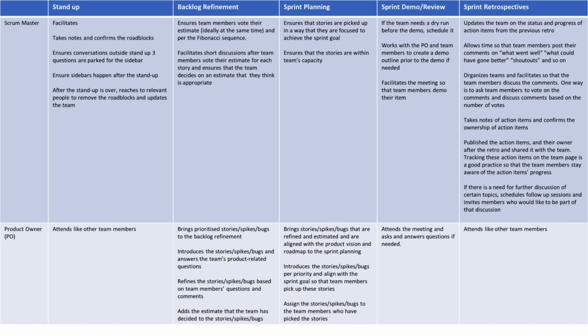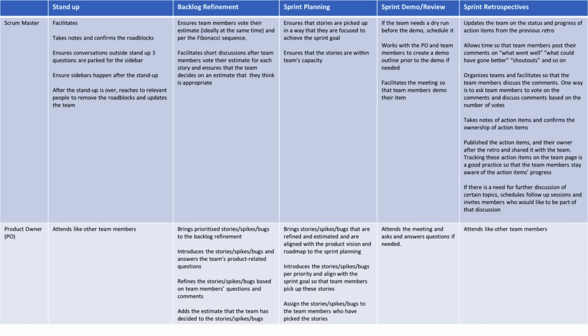Allows time so that team members post their comments on what went well, what could have gone better, shoutouts, and so on. Organizes teams and facilitates so that the team members discuss the comments. One way is to ask team members to vote on the comments and discuss comments based on the number of votes. Takes notes of action items and confirms the ownership of action items.